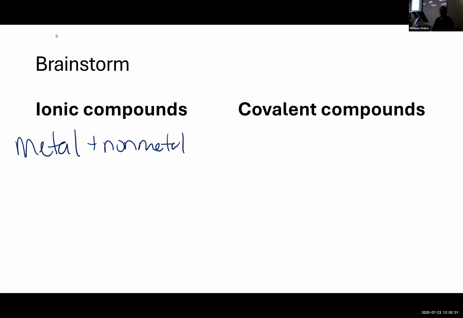Anything else? So covalent is only made up of nonmetals. There are some more words. We did have a couple slides on electrolytes and non-electrolytes. So if I was to say electrolyte, would that be ionic or covalent? Why?